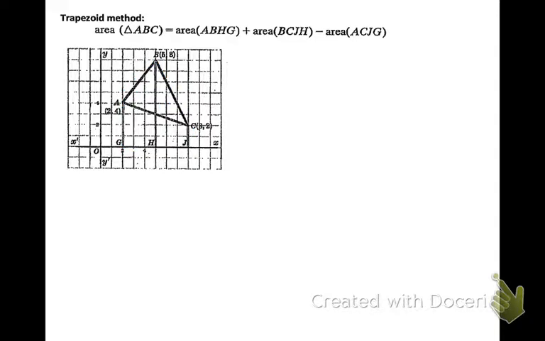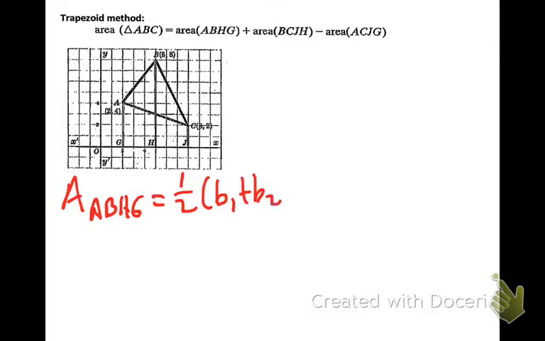All right. So we've got the area of the trapezoid ABHG is equal to 1/2 base 1 plus base 2 times the height, right? So that's going to equal 1/2 of, what's base 1 going to be?